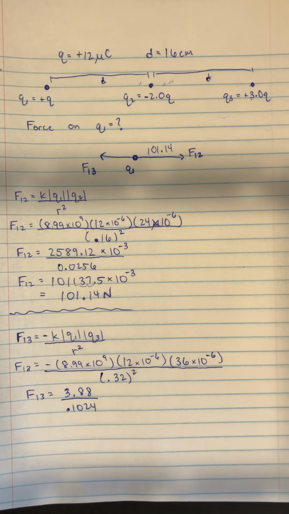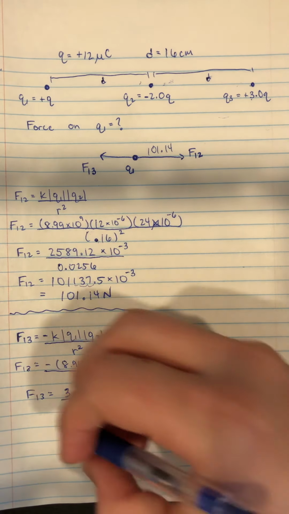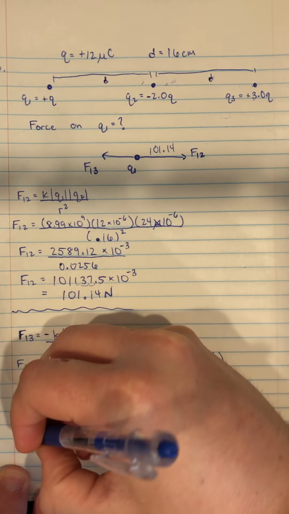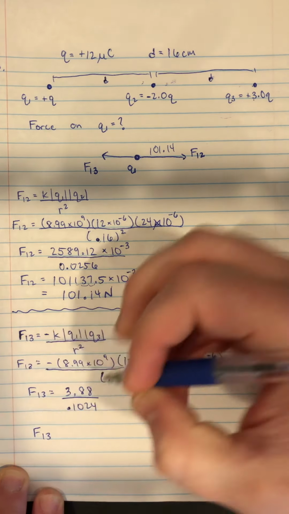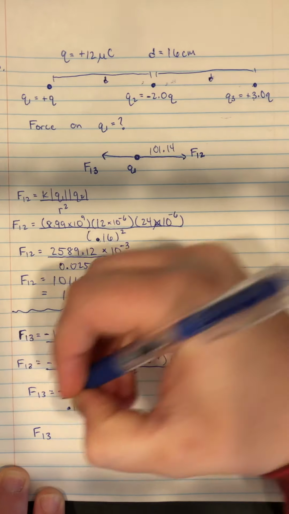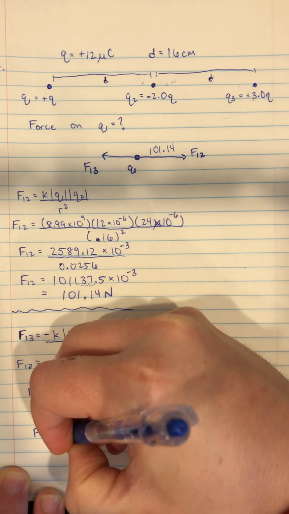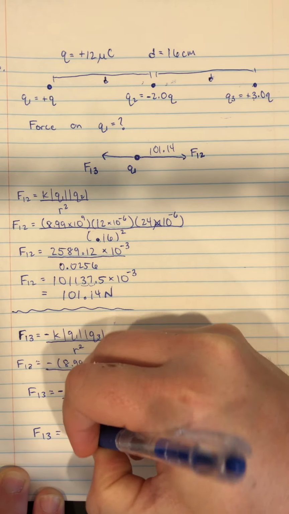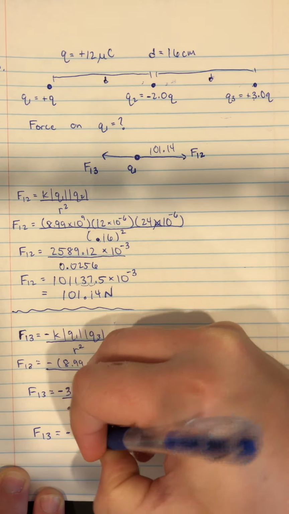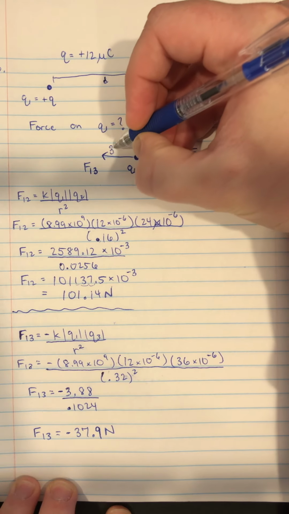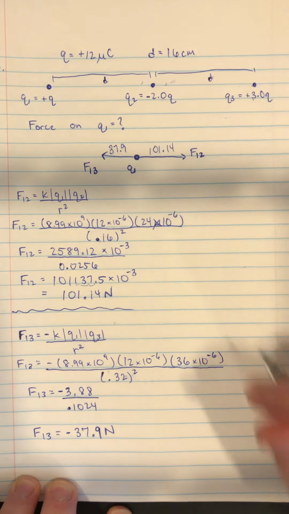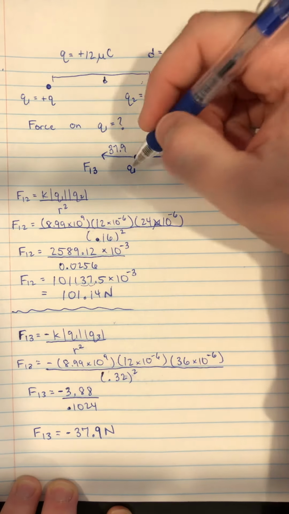Our answer there will give us a force of, I forgot to add my negative sign, negative 37.9 newtons. So we get negative 37.9 newtons for our force there. So this one, right, 37.9, it's in the negative direction.